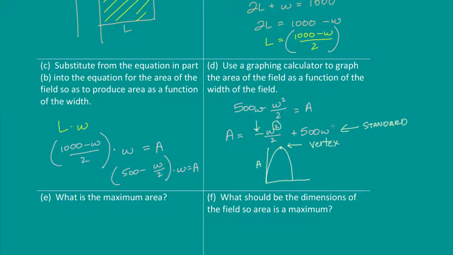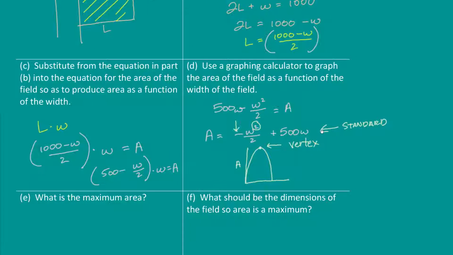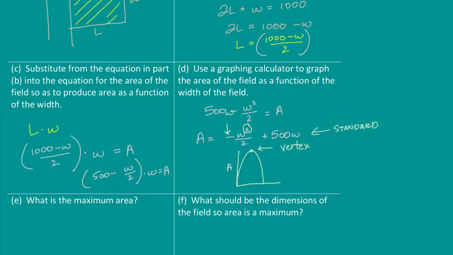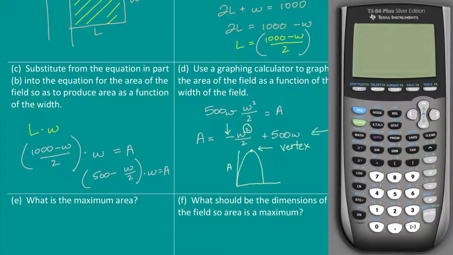If we were to graph this on the graphing calculator, like they ask us to do in there, we would pull this up, go to our y, let's delete these. Y equals negative x squared divided by 2 plus 500x.